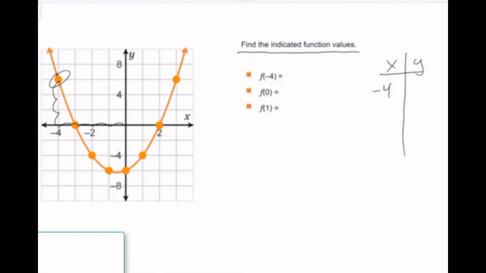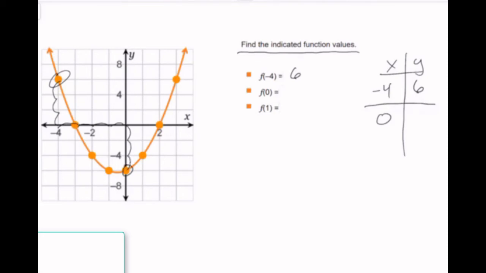So the first value, x equals negative 4. On the graph, you go to the left horizontally to negative 4, and then you go up how many spaces? 6. Be careful that the y-axis is labeled in 2s: 2, 4, 6, 8, and the x-axis is labeled in increments of 1.